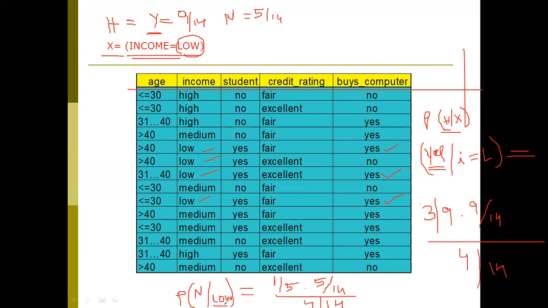Under this, how many number of no's are there? Okay, these are the values.